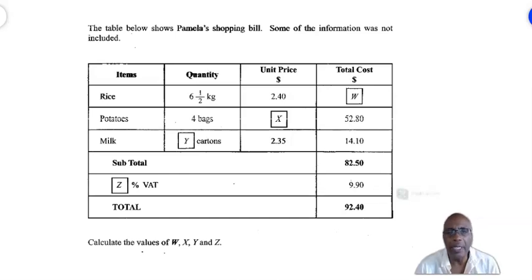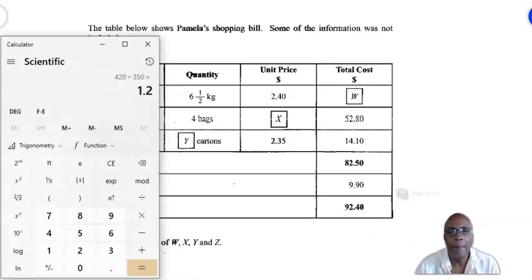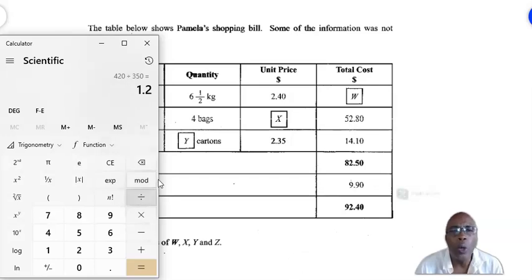So let's get our calculators. The quantity is 6.5 kilograms. And we multiply that by $2.40. And we get the answer as 15.6, which is $15.60.